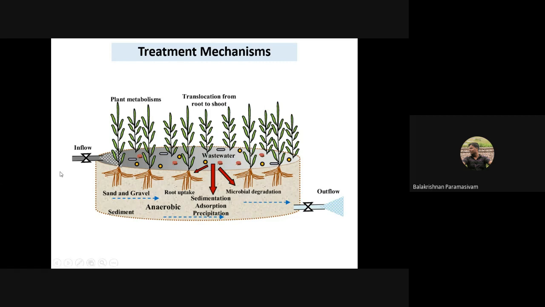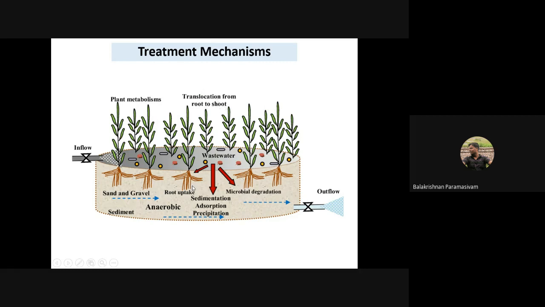But in this case, in the constructed wetland, this nitrogen and phosphorus will act as nutrients for plant growth. So plant metabolism, photosynthesis activities, and then translocation from the root.